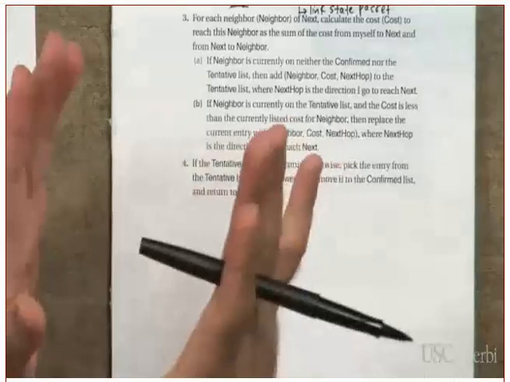Take the minimum, repeat the process. We didn't miss anything. Oops, sorry guys. D4B also, which one? C5B. Okay, then we have this guy left.